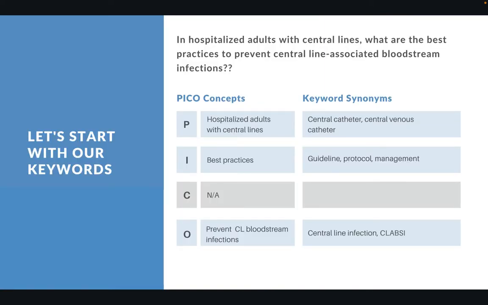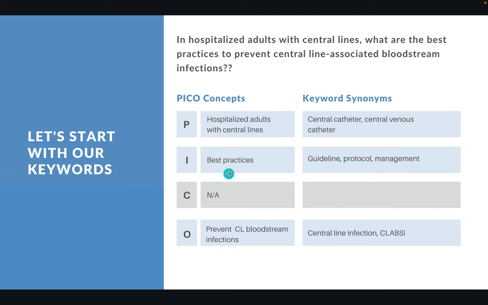Well, this is the part that a lot of people find to be the hardest in this process. What we need to do is try to generate a number of really good keywords for each concept. So let's just start with population. In this one, hospitalized adults with central lines, because later in the database we can actually filter for the age of our patients.